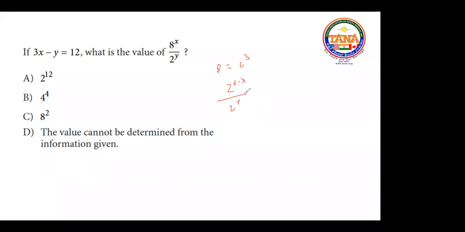As I said before, when you have division signs for exponents and the bases are the same, you could just subtract. Oh wait, it's 3x minus y. And if you look right here, 3x minus y is 12, therefore it's 2 to the 12th. And that is answer choice A.